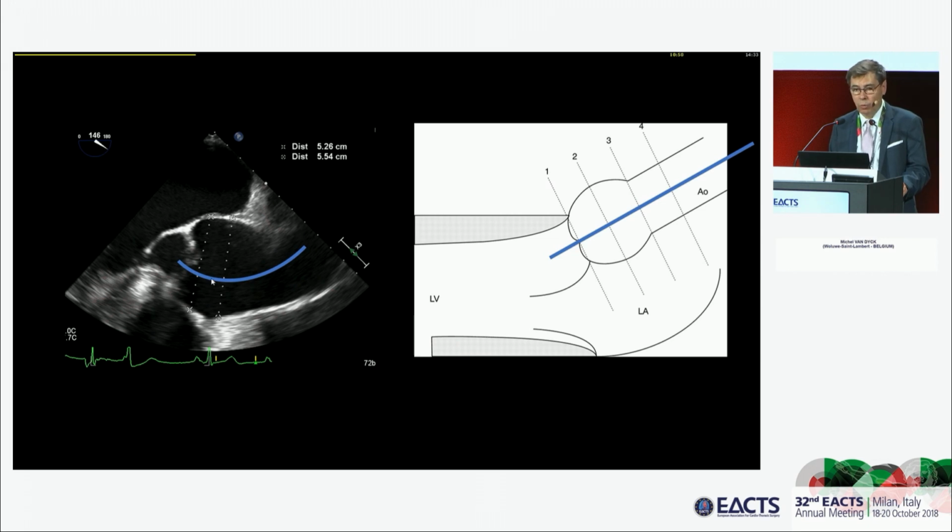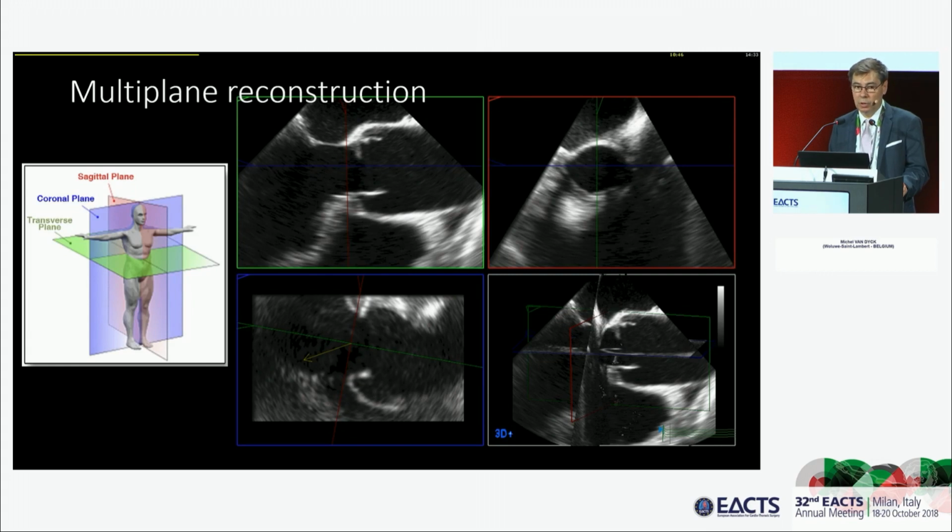So one way of having accurate measurements is to use multiplane reconstruction, because not only with the beautiful 3D images, but with the MPR, we are now able to align all the 3 planes and to be sure that we are measuring correctly and so more accurate measurements, because we know exactly where we are.